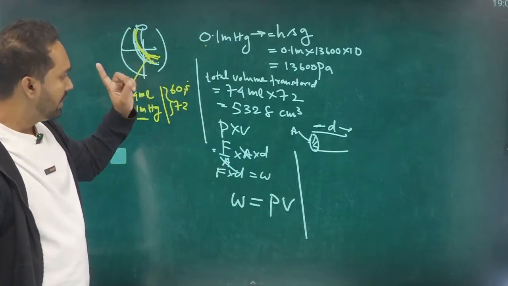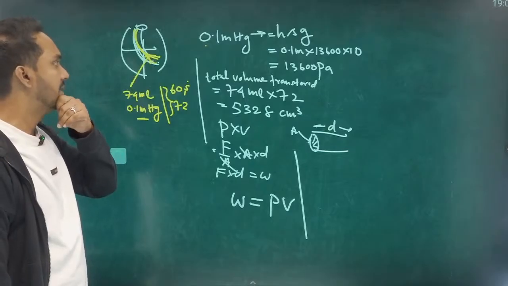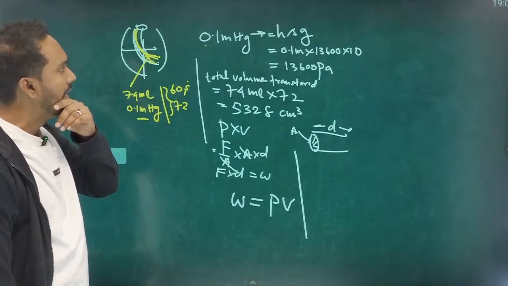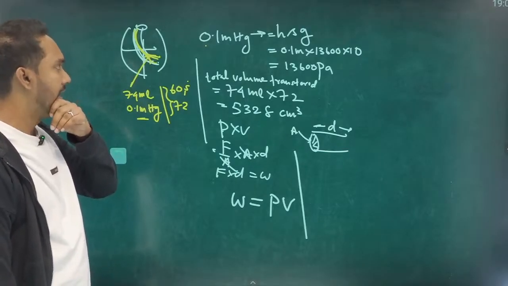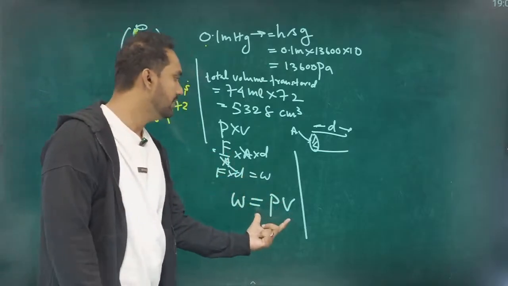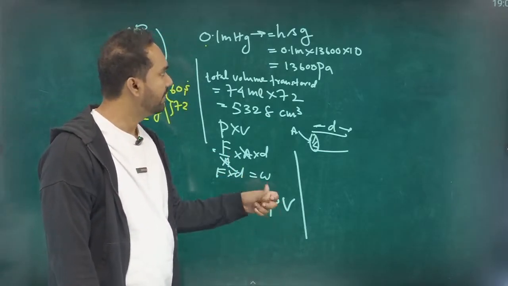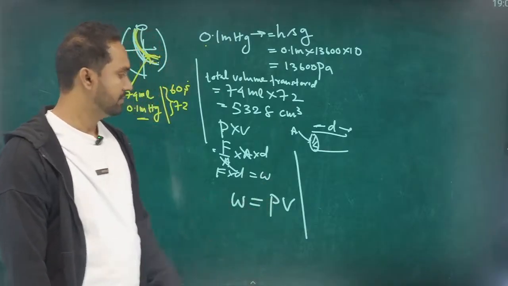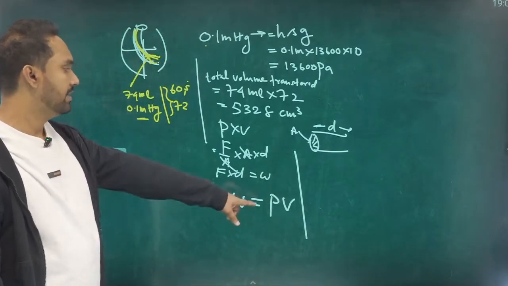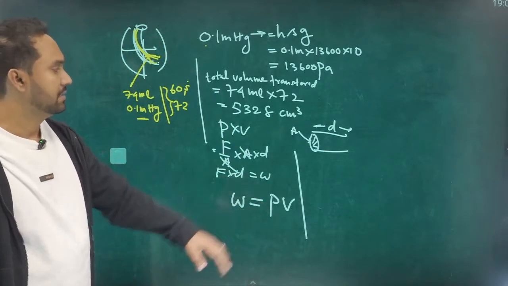So they're asking for what? They're asking for the power of the heart. So this is the work done in a minute, and if you divide this by time, it will be the power, right? So if you divide this by 60, that is the power.